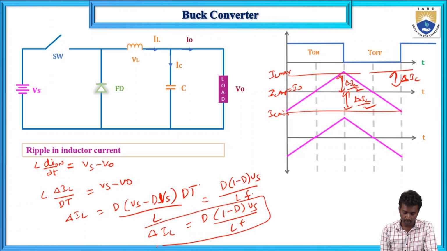So this is the ripple in the inductor current.